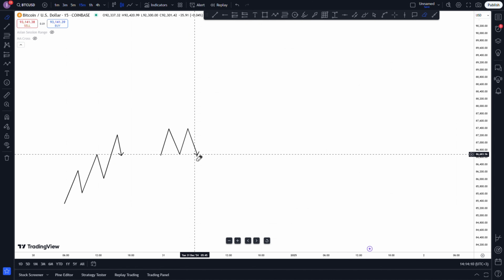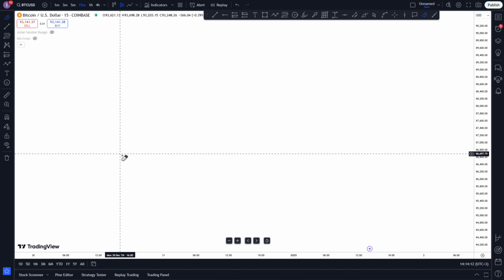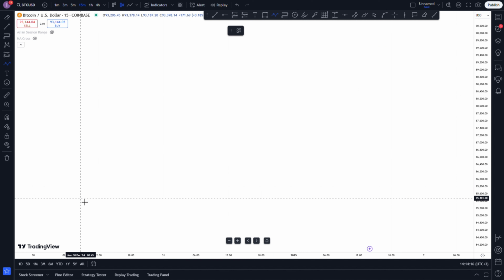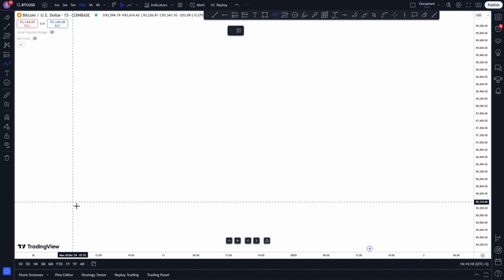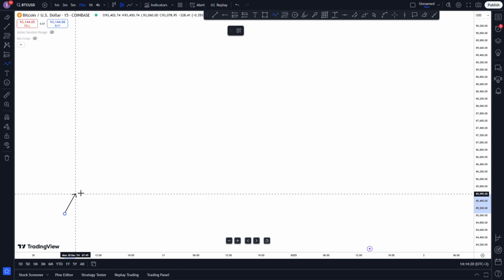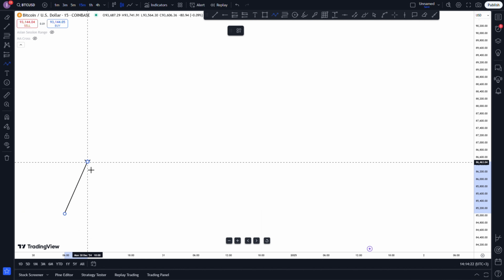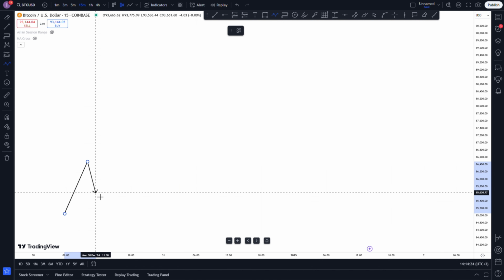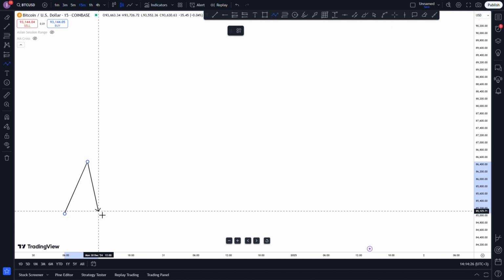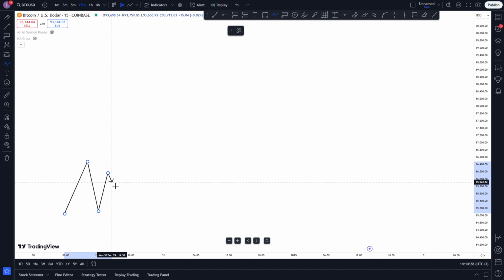Let me first delete this. In SMC there is more to learn. For us to find entries in a bullish market, let me first create this.